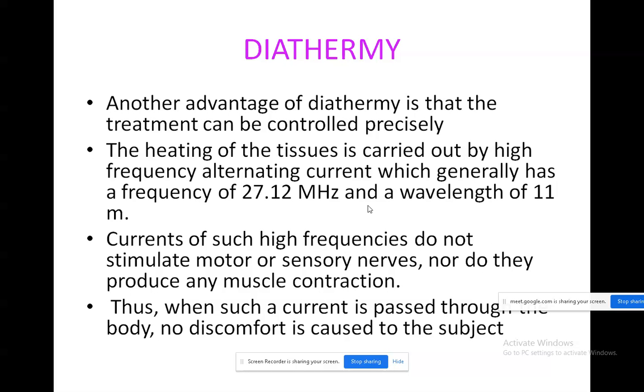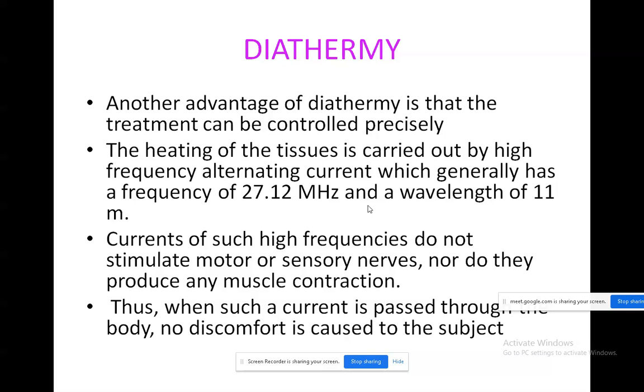Another advantage of diathermy is that it can be controlled. Controlling is also provided by the diathermy. Here we provide the frequency of 27.12 with a wavelength of 11 meters, and this range of voltage and current will stimulate the motor nerves and sensory nerves.